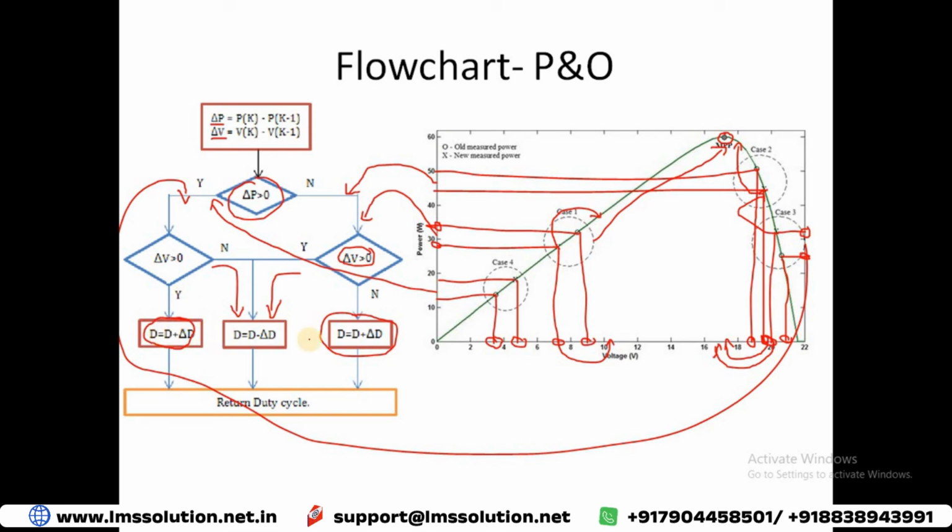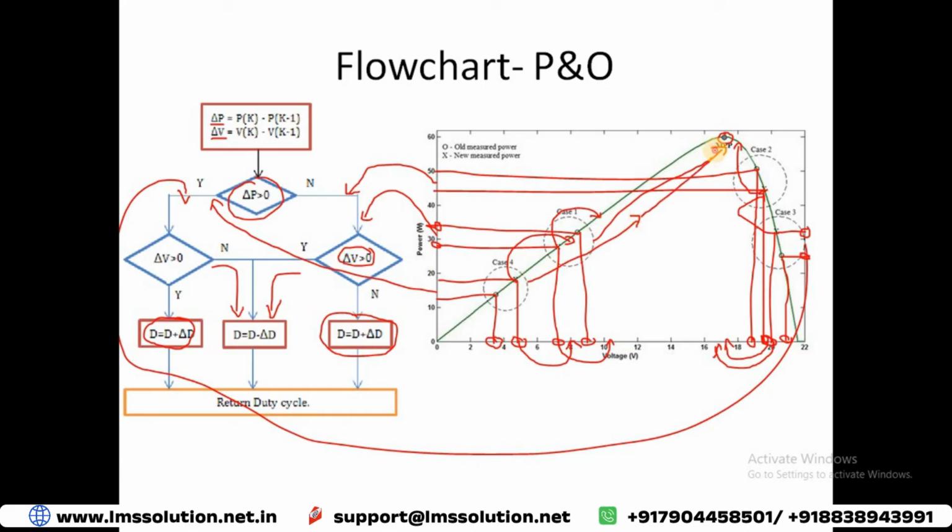If you increase the duty cycle, the voltage is also going to increase in the converter or solar PV panel. Then the voltage level is going to be shifted from this point to some other point in the voltage curve, and also the power is going to be shifted from this point to some other point in the curve. So that means you have to move the point towards the MPPT point.